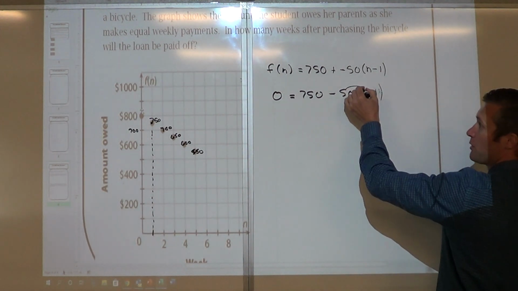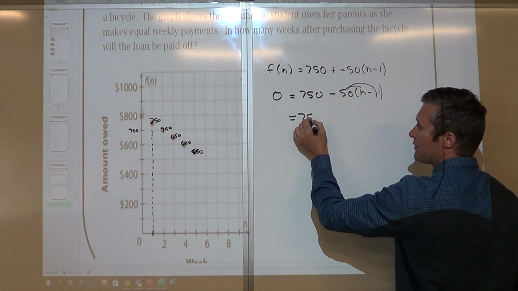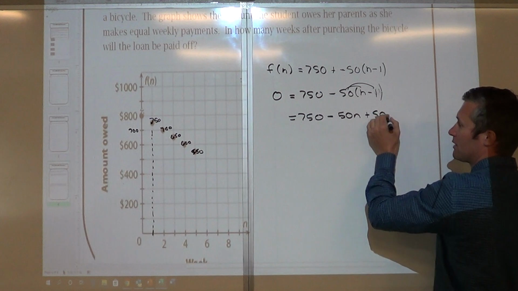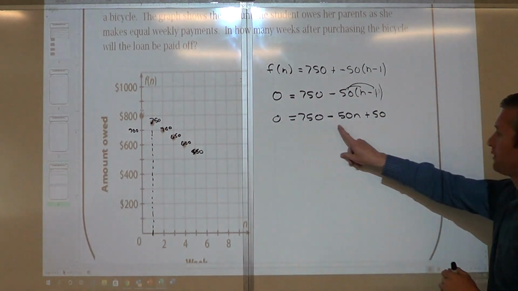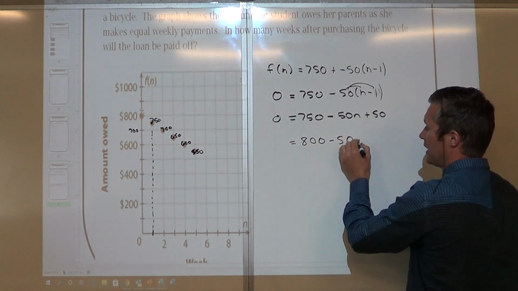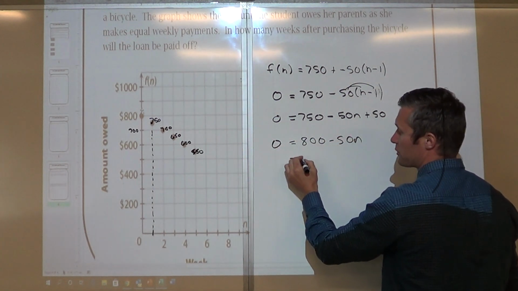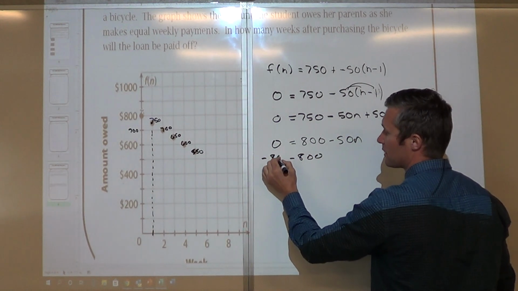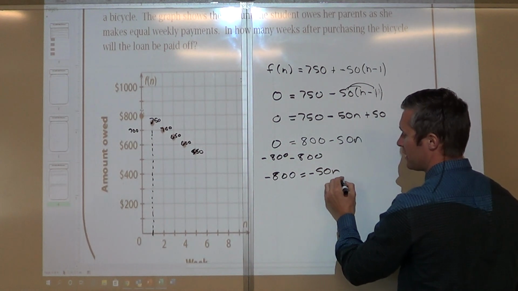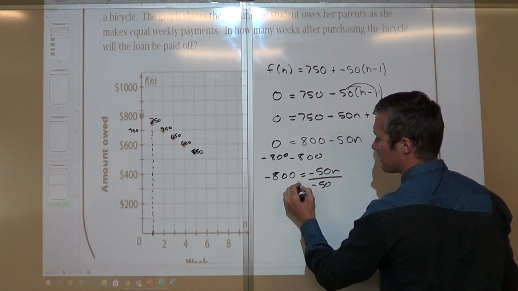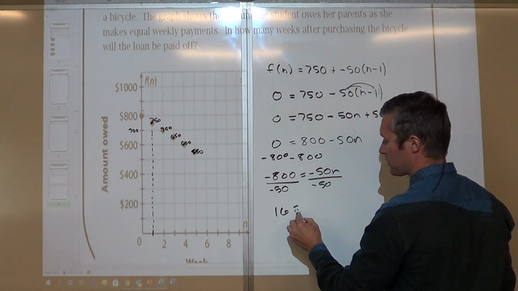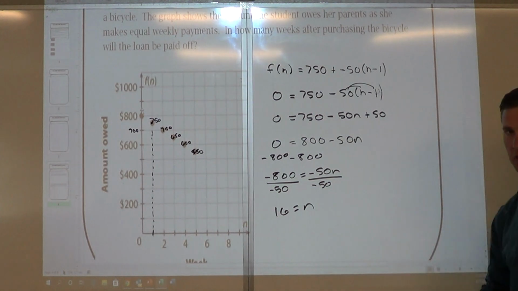We distribute, so we get 750 minus 50n plus 50. 750 plus 50 is 800 minus 50n. Then you subtract 800, so negative 800 equals negative 50n. Divide by 50, and you get 16 equals n. So it would take her 16 weeks to pay it off.